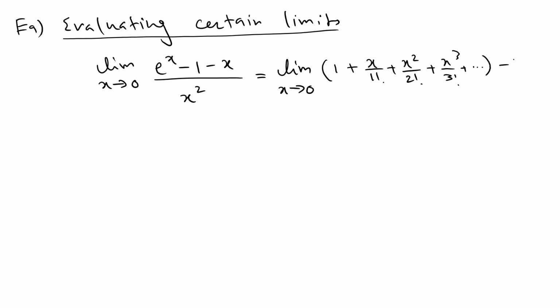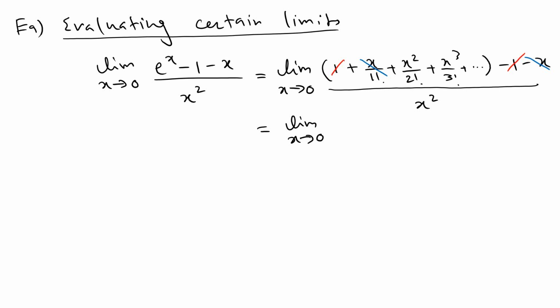And then we have minus 1 minus x, divided by x squared. You can simplify this. It's a limit as x goes to 0. You can see 1 gets cancelled, and x gets cancelled. So you only have the rest left, and you can also cancel one of those x squared terms.